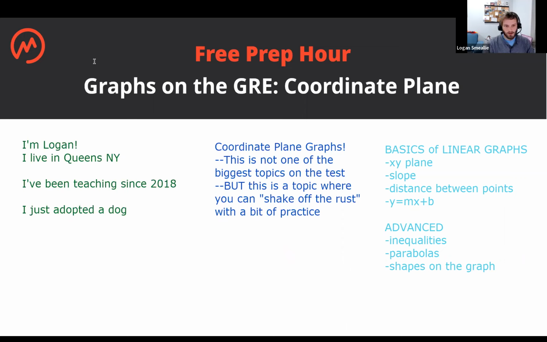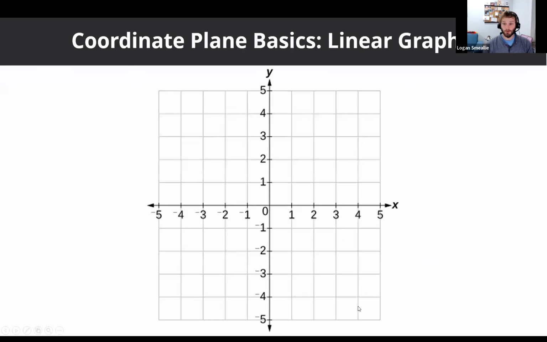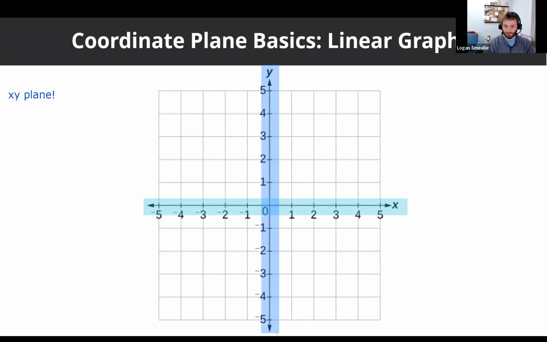Okay, going to jump in, and for a few minutes, we're just going to talk about what is this linear graph stuff? Like, what do we need to know about the map of this topic? Well, the first is the XY plane that I mentioned. This is what we call the XY plane, or the coordinate plane. The basic things to know, and to understand the rest of the language of this topic, you got to know this stuff pretty well. We've got our x-axis, that's the horizontal. We got our y-axis, that's the vertical.